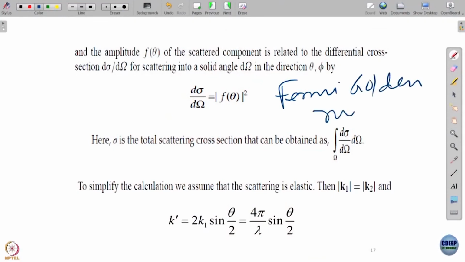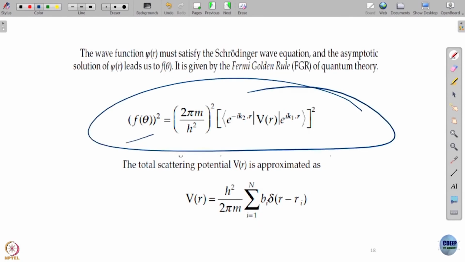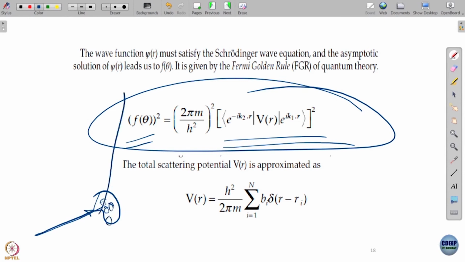The scattering cross section is the square of the interaction between them, and that is the Fermi golden rule. The neutron coming in interacts with the molecules in my sample and gets scattered off.